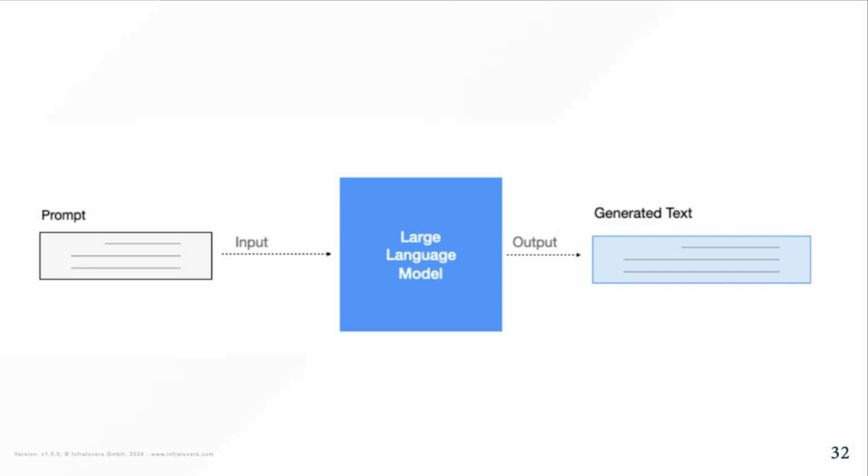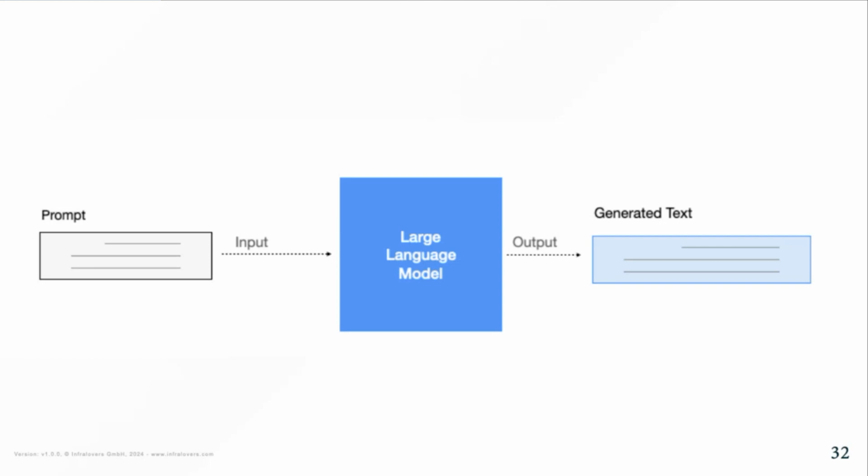The large language model then processes the input we give it token by token, which could be a single character or an entire word, and generates a response based on the input and the data it was trained on. And this response is then returned to the user, which essentially is just a sequence of generated tokens with the highest probability of them being the correct response.